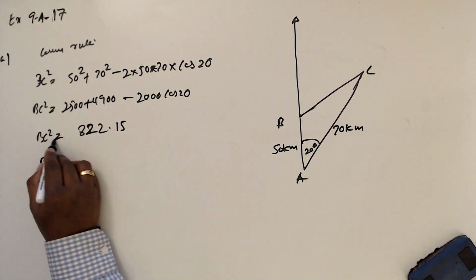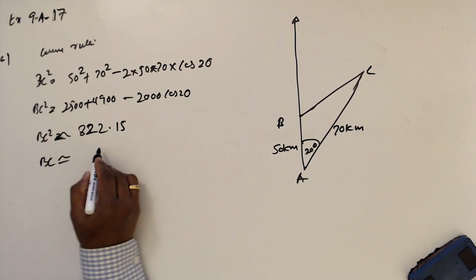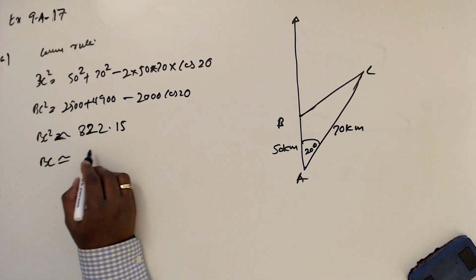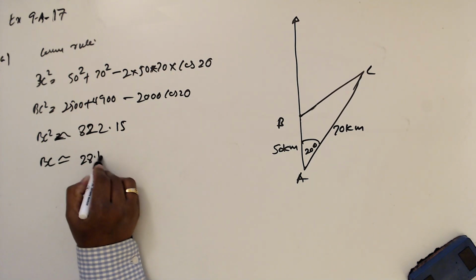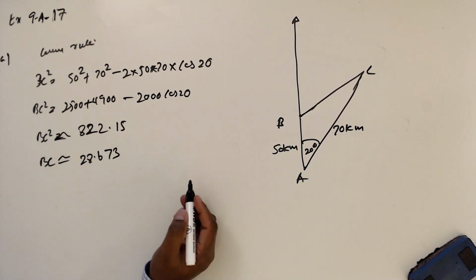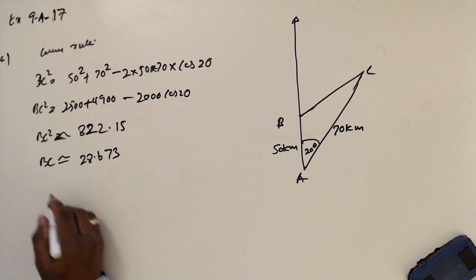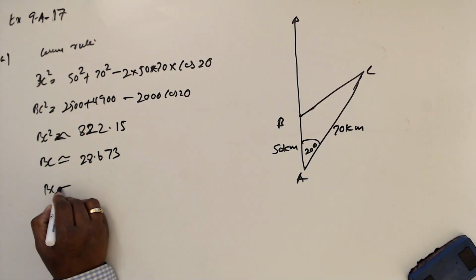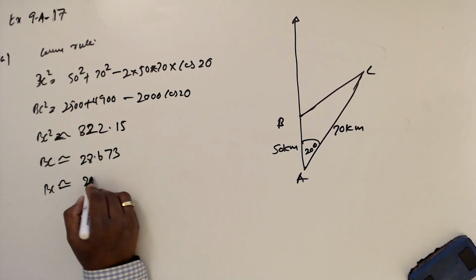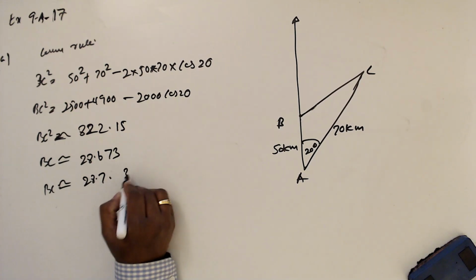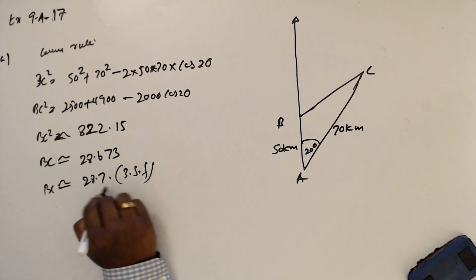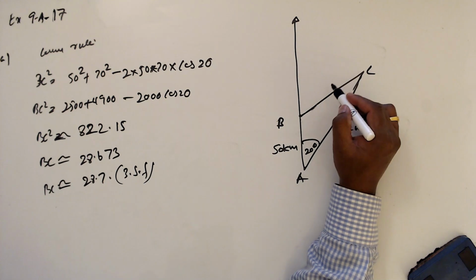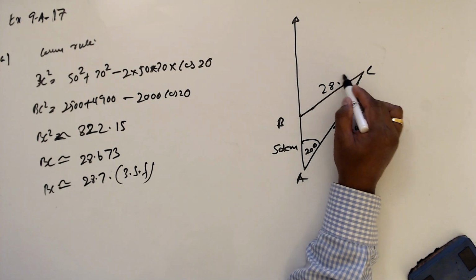So BC equal 28.673, or let's say BC equal approximately 28.7 to 3 significant figures.